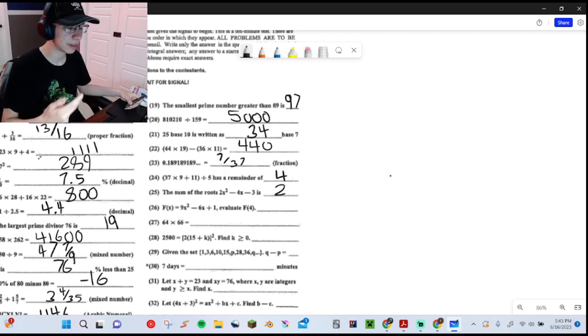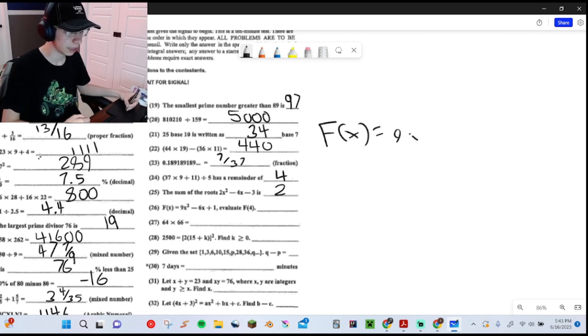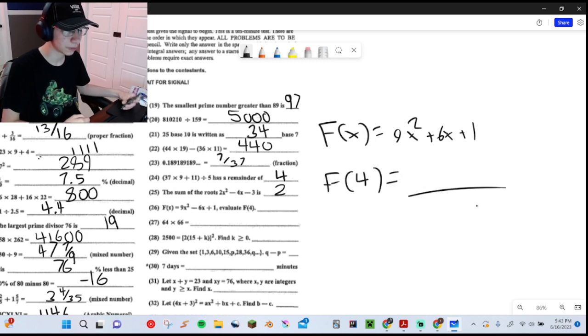So continuing with algebra, kind of related stuff, is 26. We have f of x equals 9x squared plus 6x plus 1, and I want to find f of 4. What's f of 4?